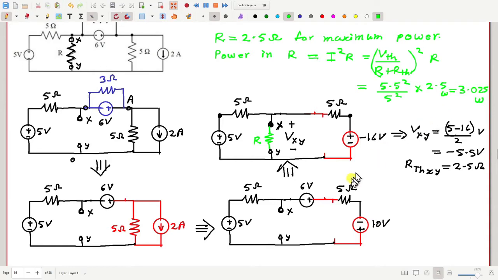Sir, while calculating the R Thevenin, wouldn't we consider that 3 ohm resistor also?